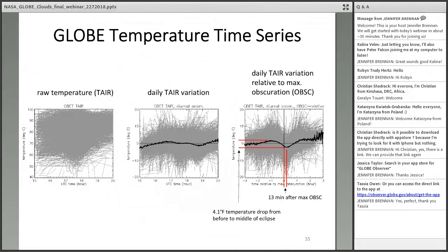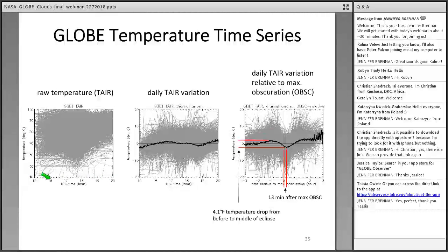Okay, so you saw all of the observations. What we can do is take the observations from each unique observer and create a time series of the eclipse event. Here on the left, you can see the time series of the raw temperature.